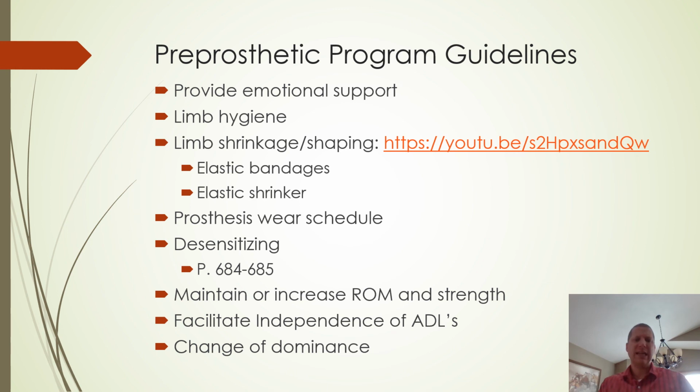During this pre-prosthetic program, we would also be maintaining any range of motion or even increasing range of motion and strength from whatever joints and muscles are left. And of course, we want to maybe teach some adaptation skills to facilitate independence with activities of daily living. So adapting on how you get yourself dressed.